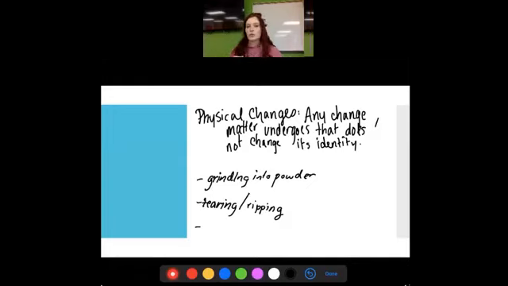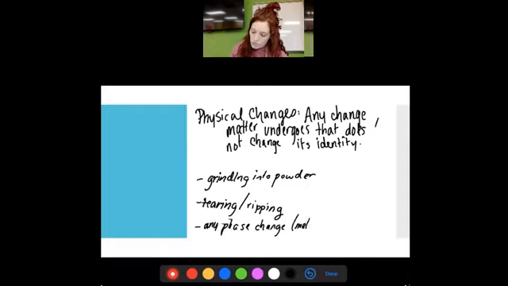Solid water and liquid water are both water, so that is going to be a physical change. Okay, any phase change.